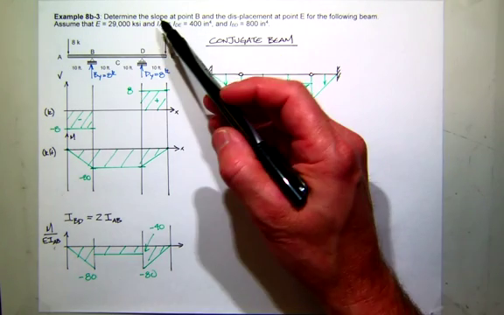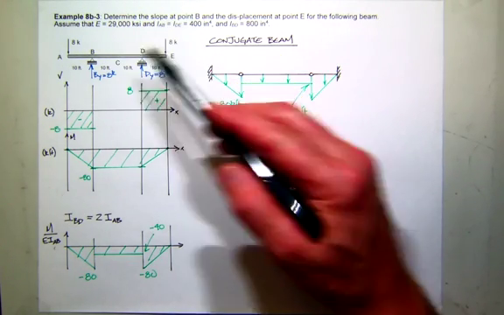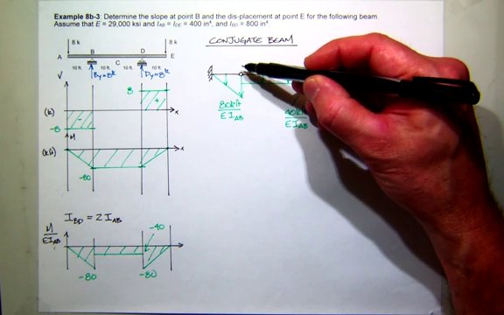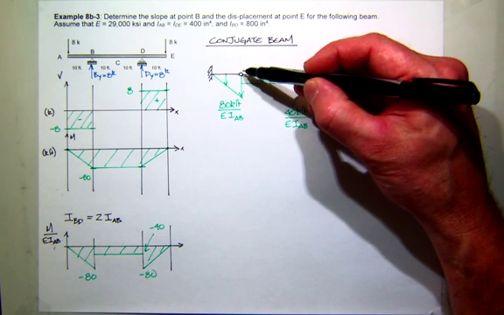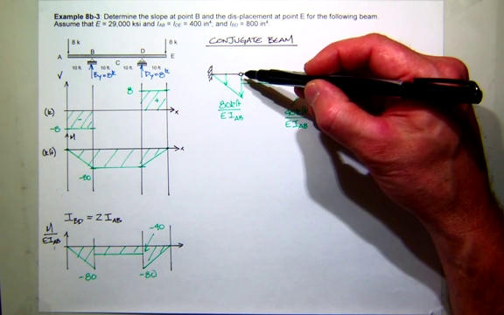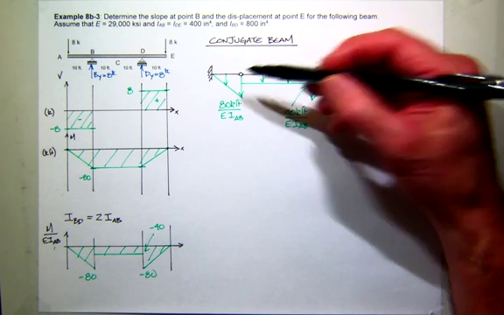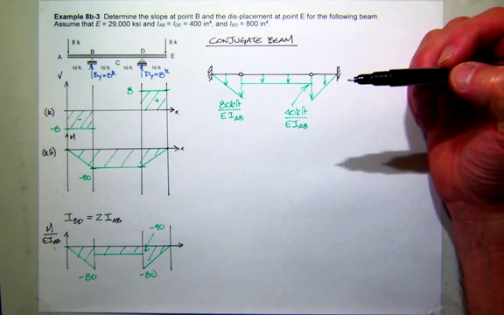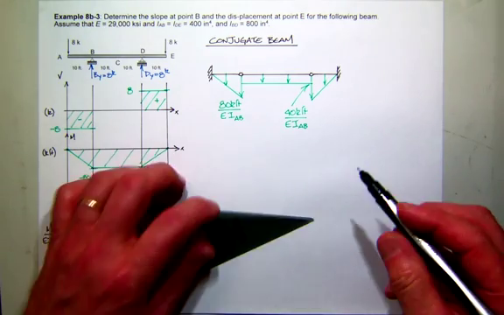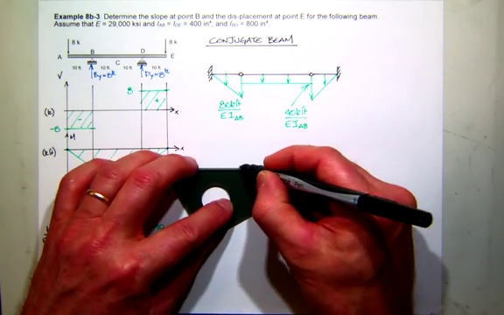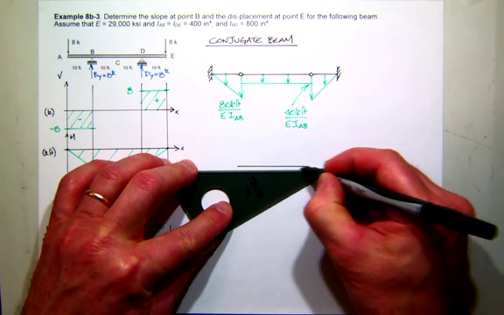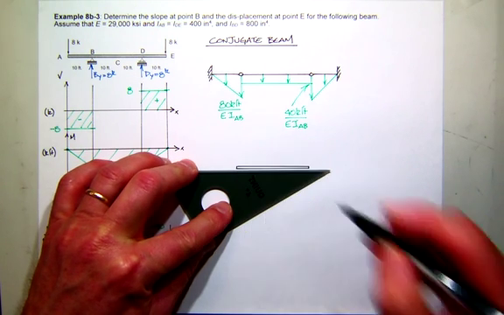Now this particular problem wants the slope at B, which is here, so I need to find what? I need to find the shear here at B. How could you do that? Yeah, I would pull out that section, right?